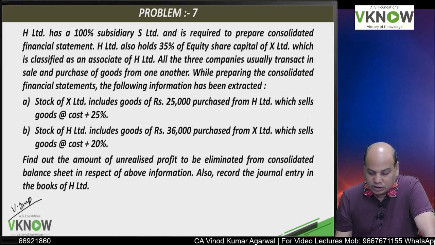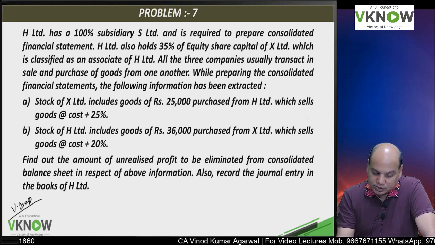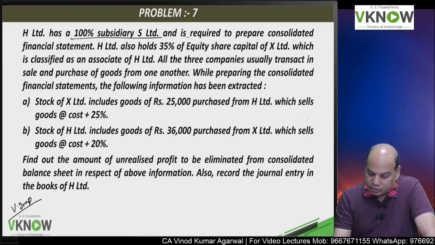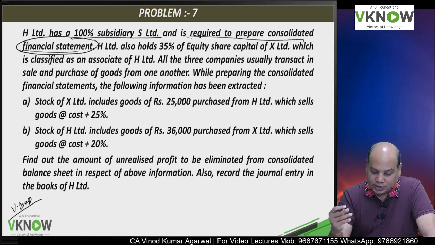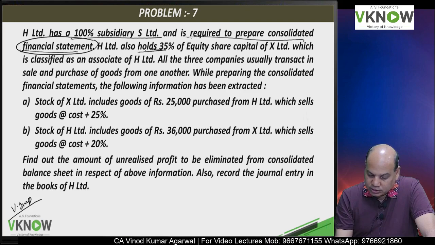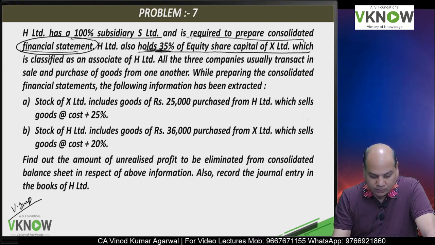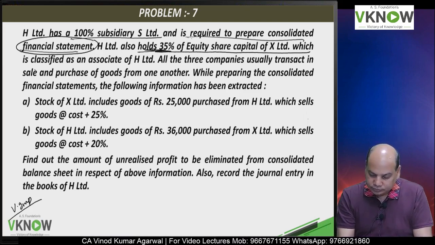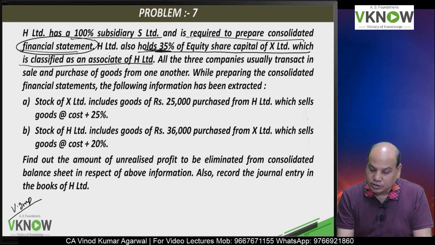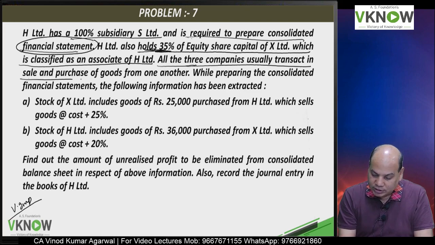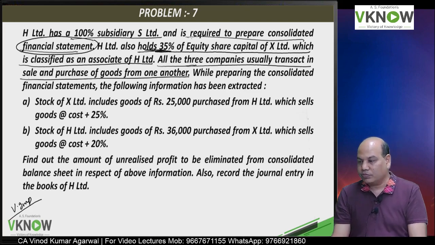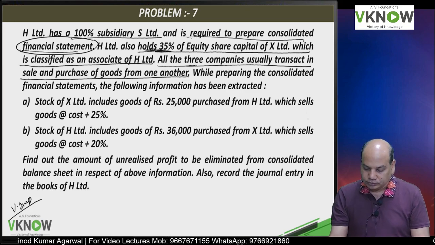Question number 7. H Limited has a 100% subsidiary and is required to prepare CFS. So this company prepares CFS. It holds 35% equity share capital of X, which is classified as an associate. All the three companies usually transact in the sale and purchase of goods from one another.